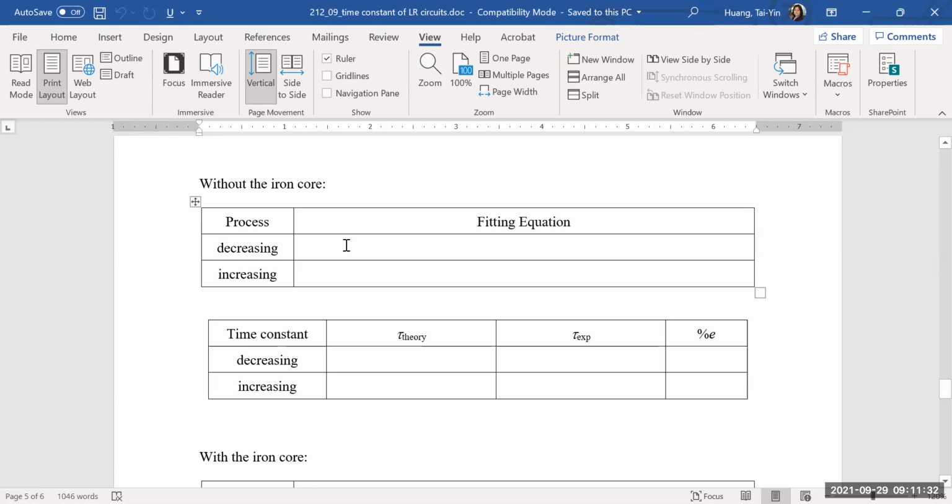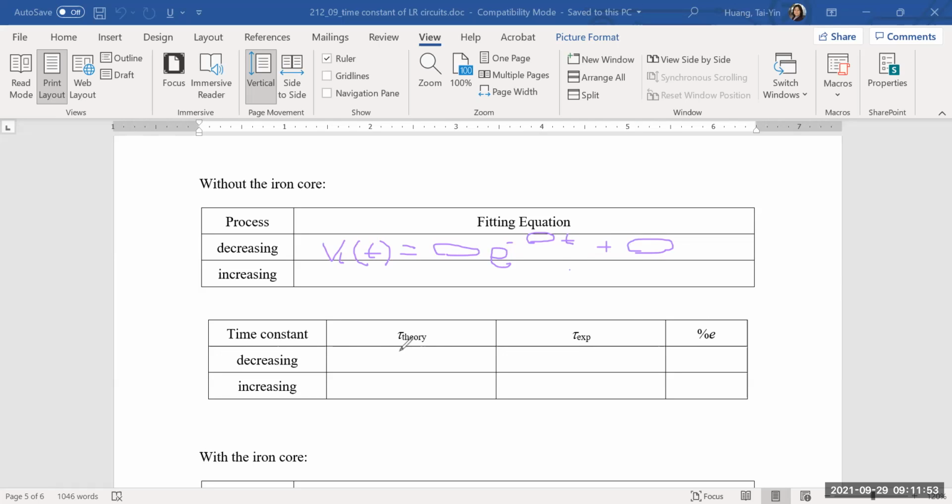You will write down something like V_L of t, and then whatever value you have times e to the minus whatever you have here, and then this is time, and then plus whatever value you have. Do the same thing for the increasing part, okay?